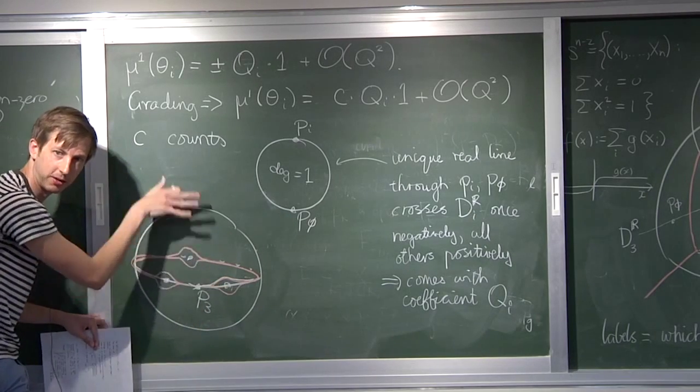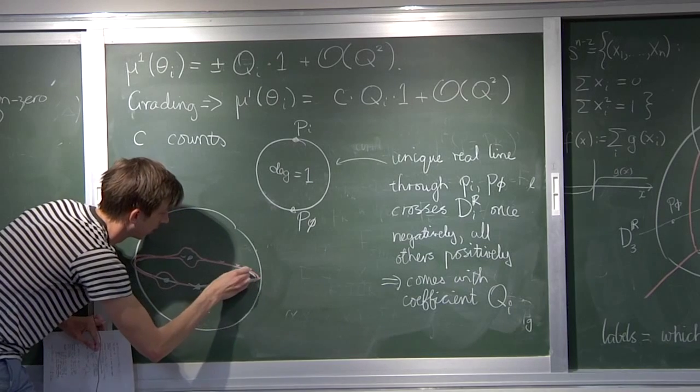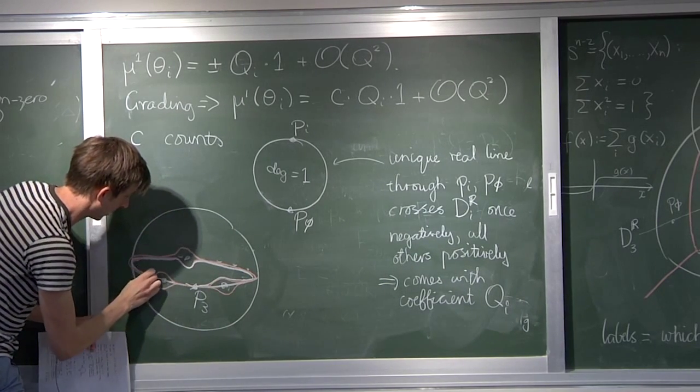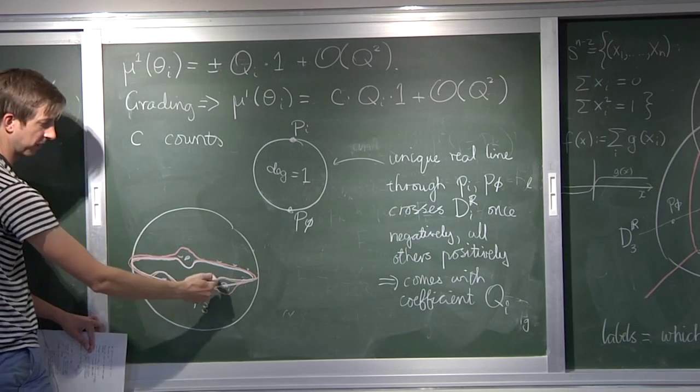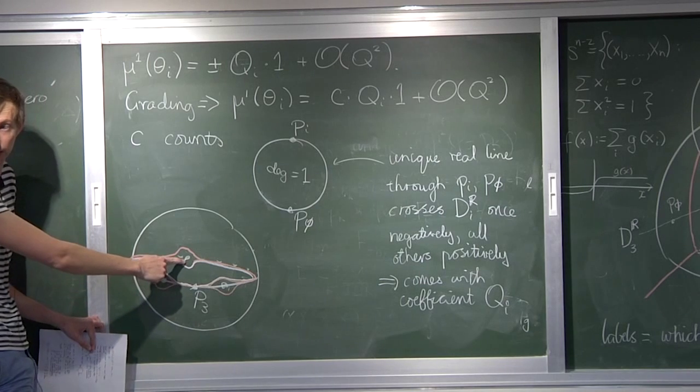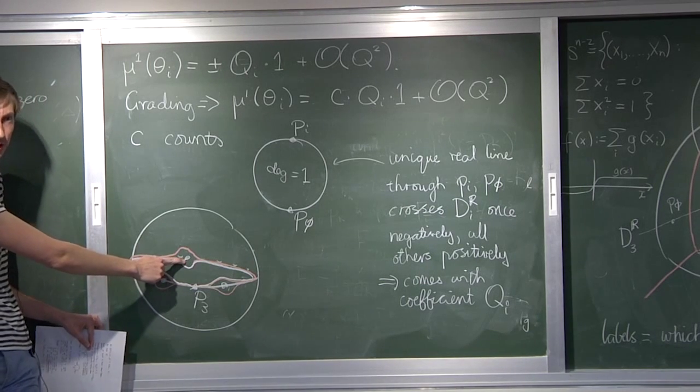It's like the upper half of the sphere, and it goes around like this, and it dips below, and then dips above these guys. So it goes above these 2 guys, but below this one, so it picks up an intersection number with the corresponding divisor.